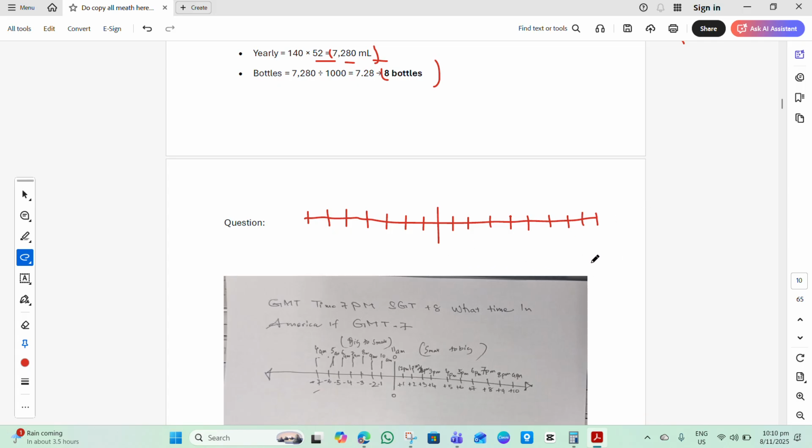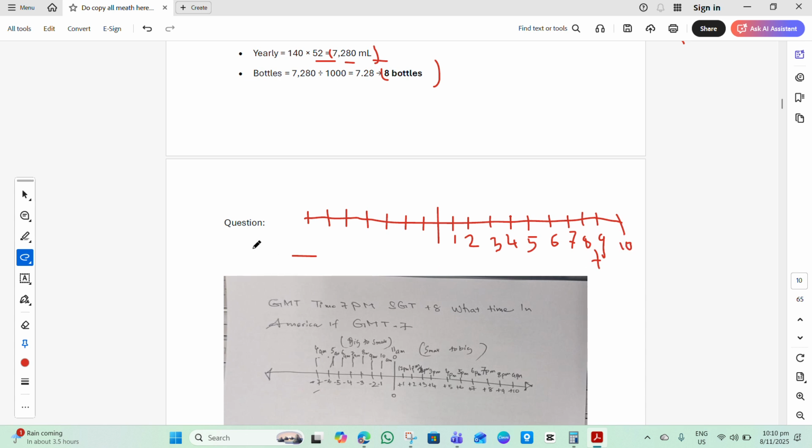So like this. Let's say this side is positive and this side is negative. So you write 1, 2, 3, 4, 5, 6, 7, 8, 9. I add up one more, 10.